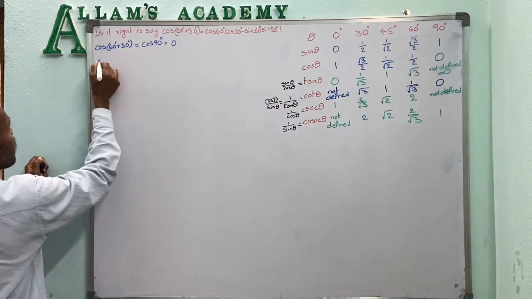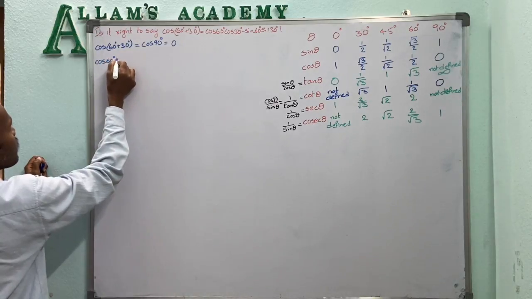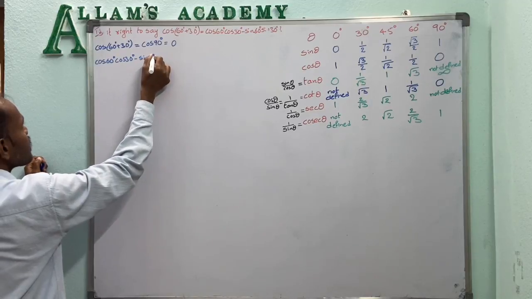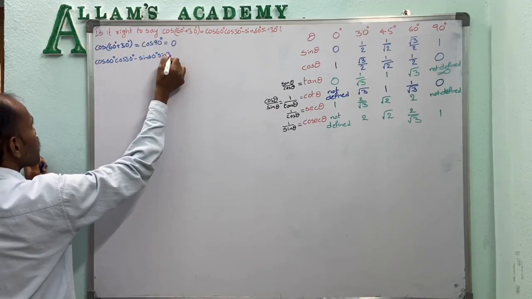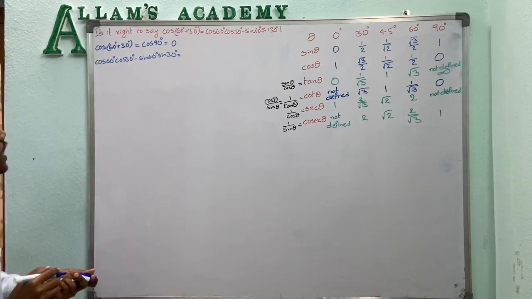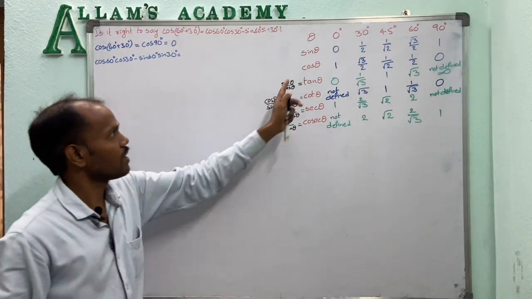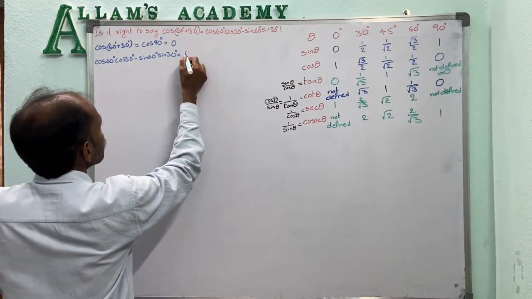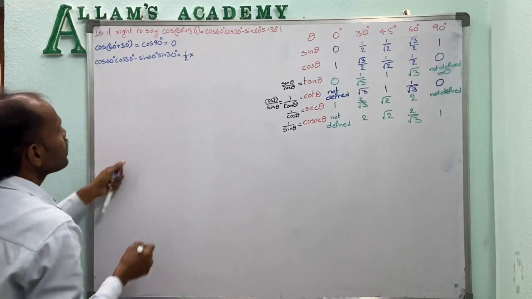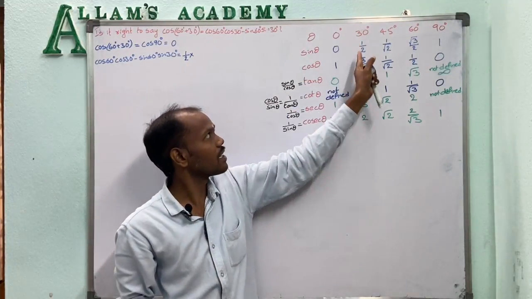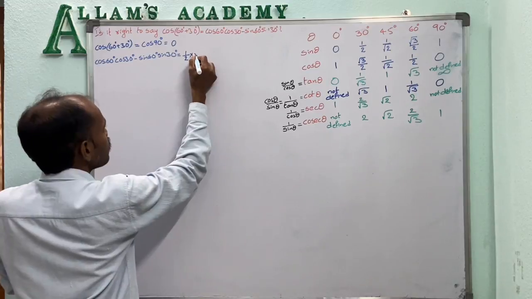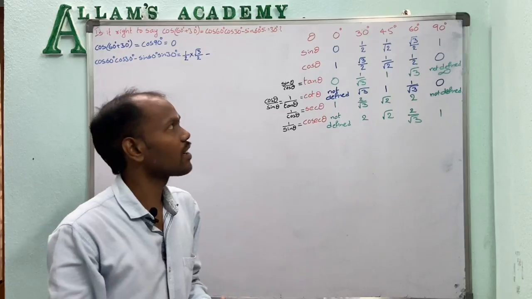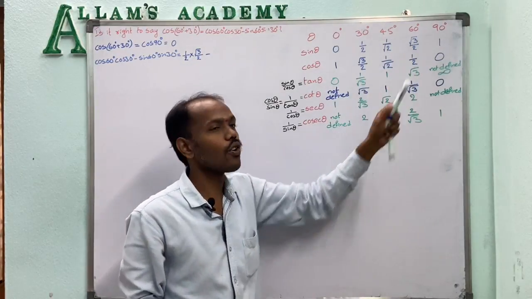Next, the right side, cos 60 cos 30 minus sin 60 sin 30 degrees, we observe. Cos 60 value is 1 by 2 into cos 30 value root 3 by 2, minus sin 60 equals root 3 by 2.